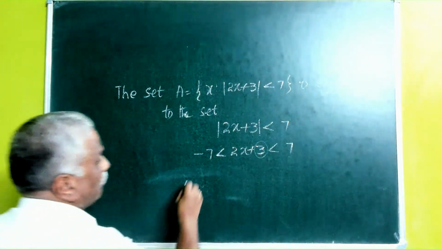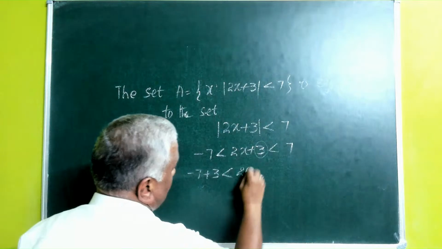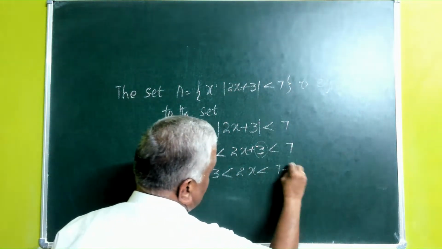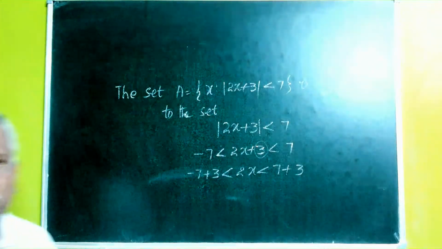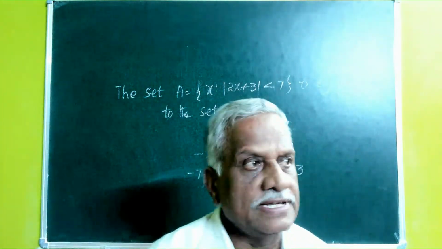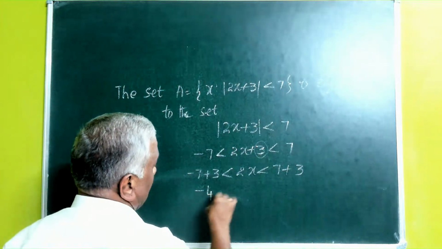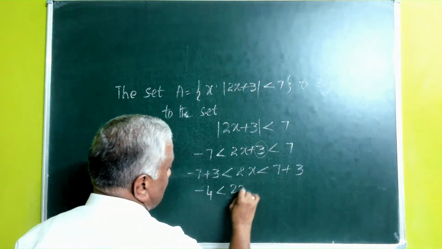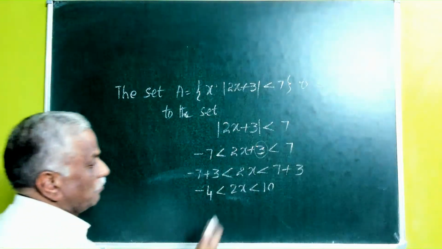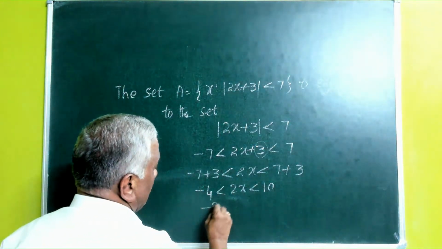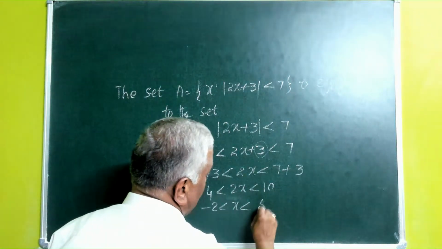So we'll add minus 3 to both sides: minus 7 minus 3, 2x, 7 minus 3. The linear inequality you have studied in first year PUC, we are discussing. So this will give you minus 10 less than 2x less than 4. Now you want only x, therefore divide by 2. Minus 5 less than x less than 2.